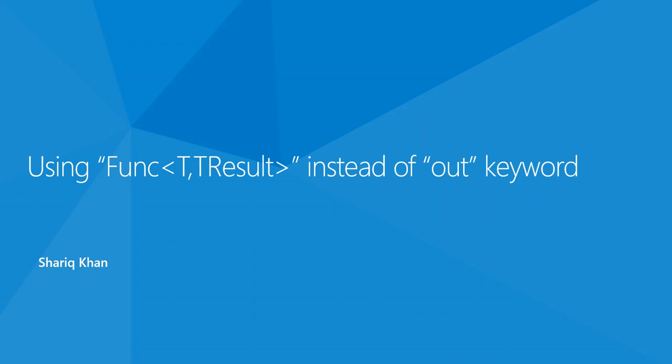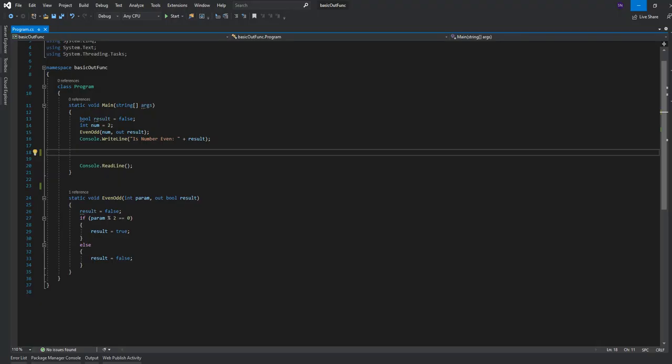In order to set the value of a variable, you can use the func delegate. What I'm trying to say is, let me open Visual Studio.